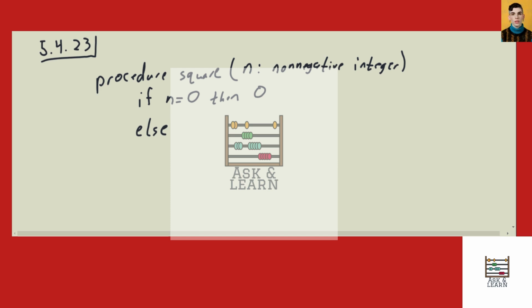we need to use this fact they gave us to figure out how we're going to break this down. n plus 1 squared equals n squared plus 2n plus 1. So if this is true, what does it mean for n squared?